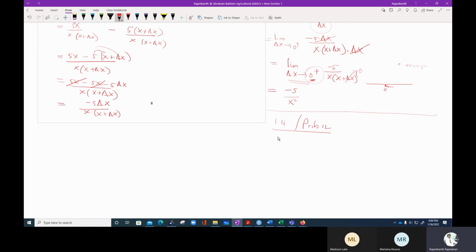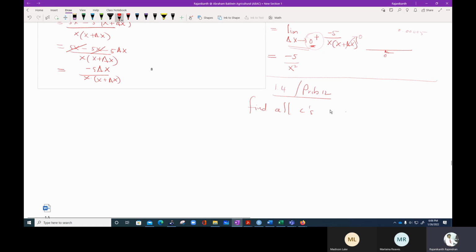So the question is, you need to find all possible c such that the function f should be continuous everywhere. Negative infinity to positive infinity means the whole real line, no? Remember, the given function is a step function, meaning the function has two different values. The function will have 4 minus x squared if x is less than or equal to c.